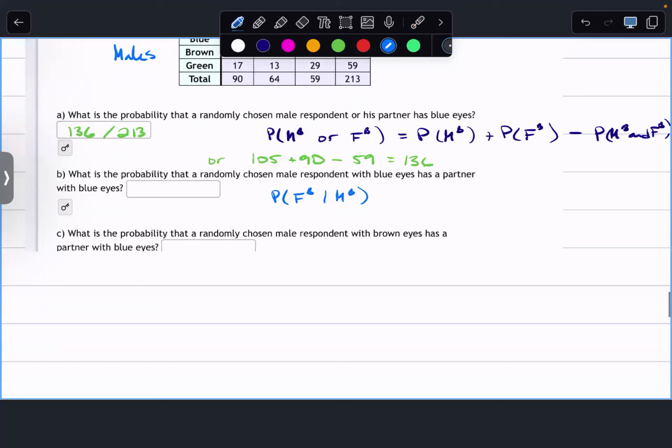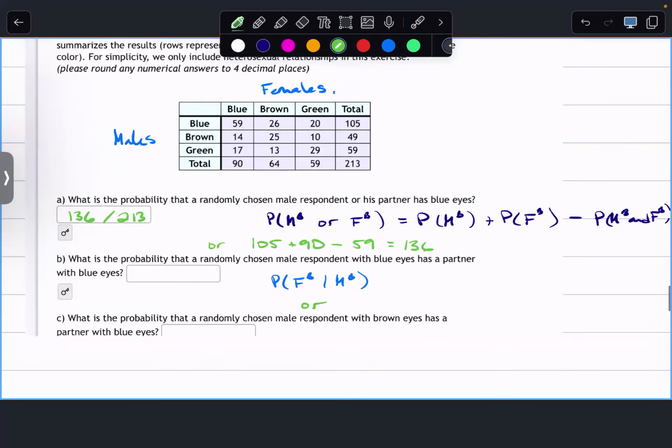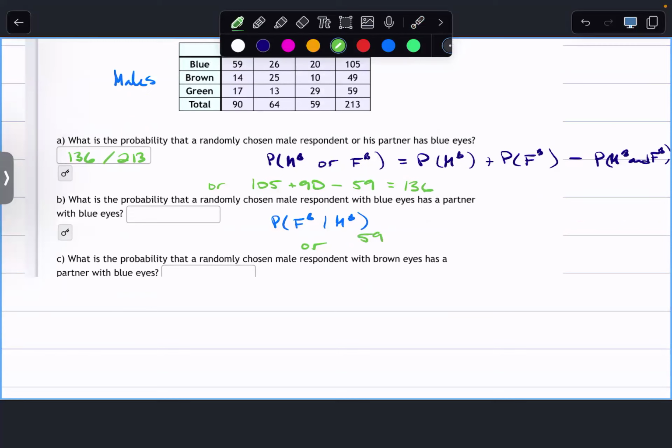And so here you're going to say 59 out of 105. So this makes your new total. And that's going to be your answer, 59 out of 105.